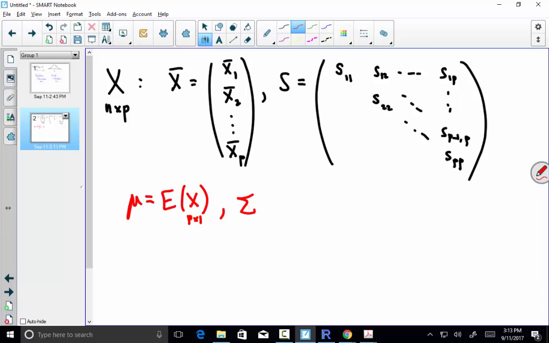The parameter that is the covariance matrix, so this is p by 1 and this is p by p. The definition of a covariance matrix is the expected value of x minus the mean vector multiplied by x minus the mean vector transpose.